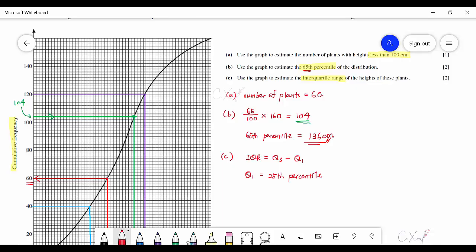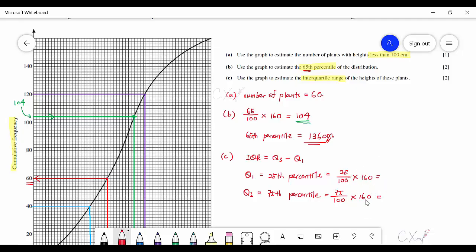Again, of course, you need to calculate the location first, and Q3 is the 75th percentile. Just like part B, you take 25% multiplied by 160. Some of you might take 160 divided by 4 for Q1, which also works.